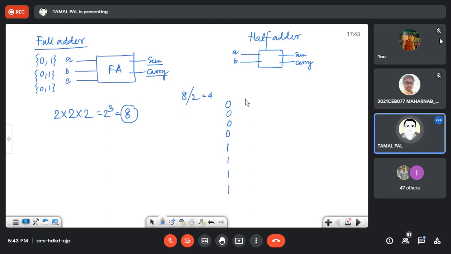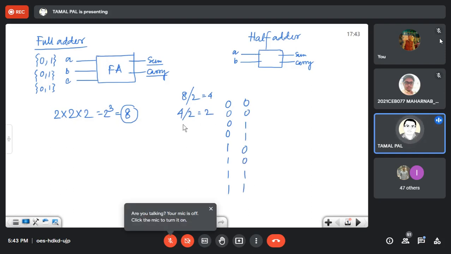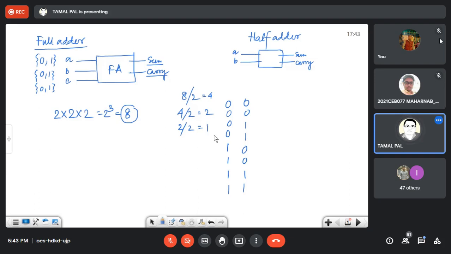Then for the next input, divide 4 by 2, then 2 zeros, 2 ones, 2 zeros, 2 ones. And then for the next input, divide 2 by 2, then 0, 1, 0, 1, 0, 1, 0, 1.